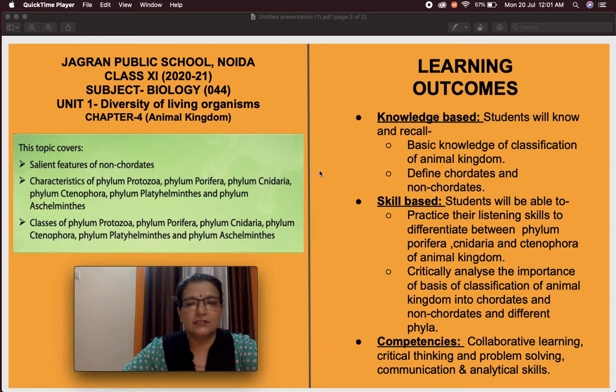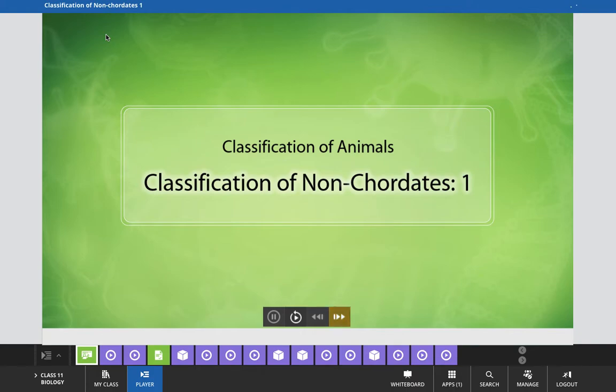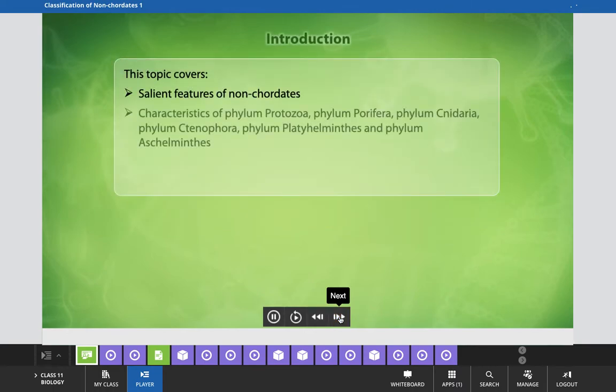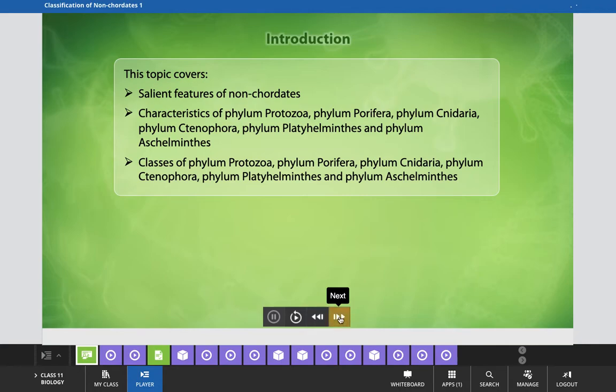Now let's start with today's class. In today's class, we will continue with the classification of non-chordates. In the earlier class, we discussed the characteristic features of the non-chordate groups, phylum Protozoa and phylum Porifera. In today's class, we will focus on phylum Cnidaria and phylum Ctenophora.